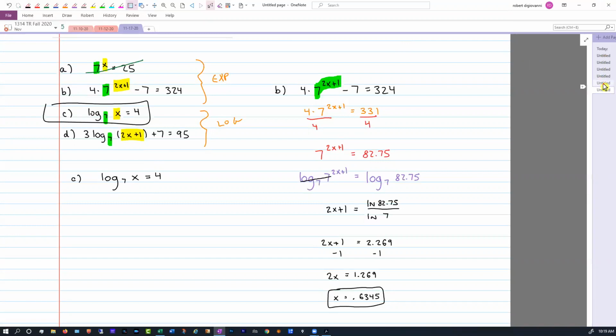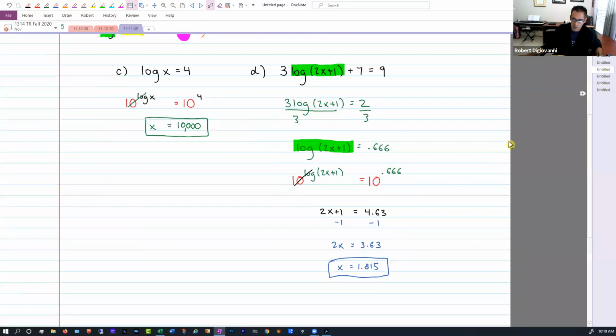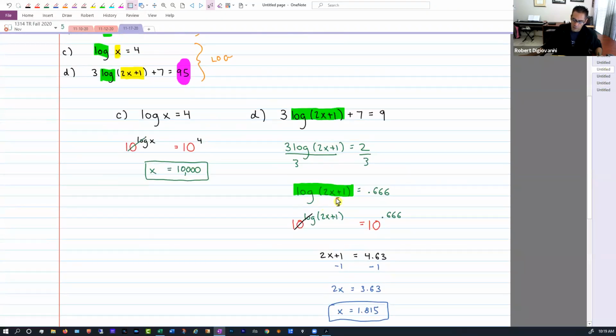Is it the one with the 10? Like 10 to the x? Yes. When we look at how we did this earlier, when we were trying to kill off the log, we used 10, and that's because it was log, L-O-G. But now we're trying to kill off log base 7.